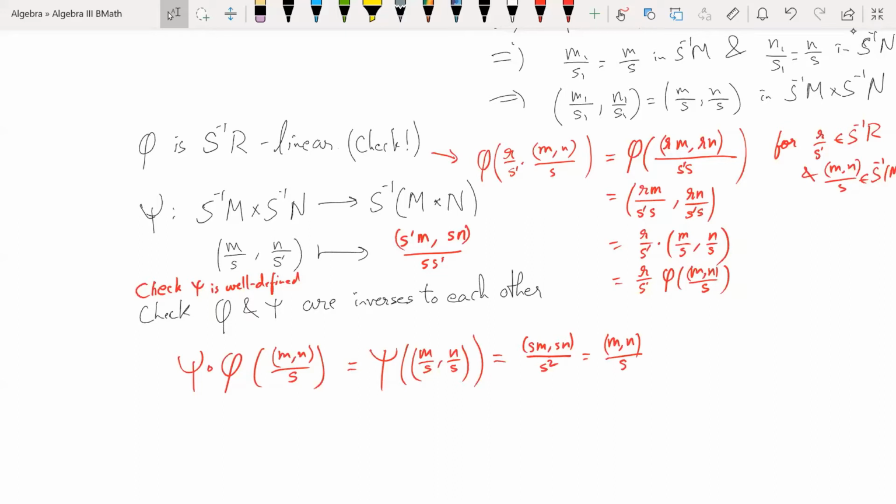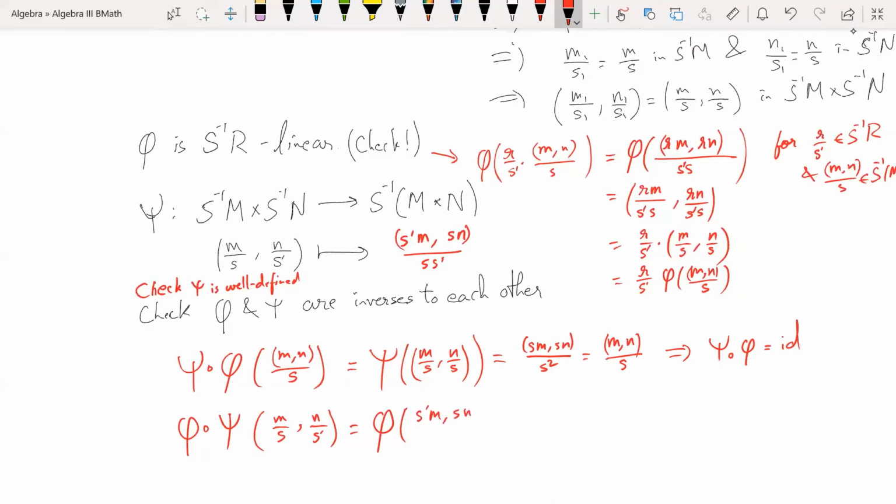So this shows that C composed phi is identity, and similarly phi composed C of m over s comma n over s prime is phi of s prime m comma s n over s prime s, or s s prime, it doesn't matter, we are in a commutative ring.